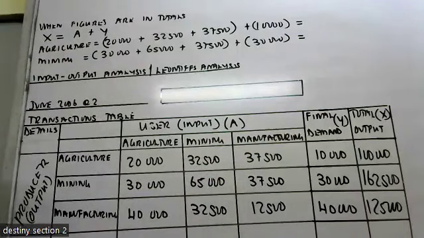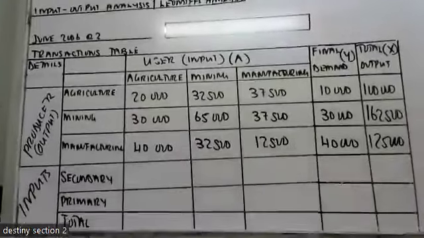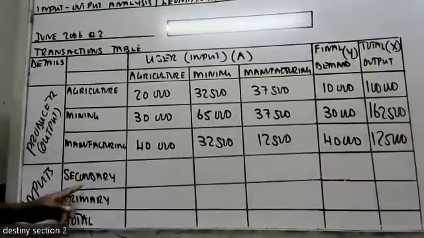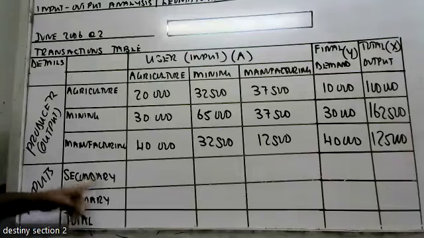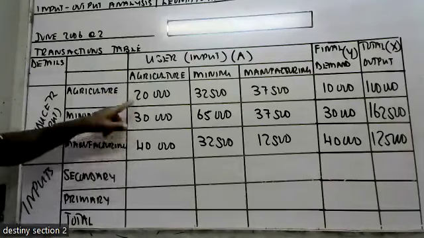Now the other thing is this. When you talk of the inputs here, if I come back here, you can see we have the inputs called secondary. These ones called secondary, we get them by adding the column.